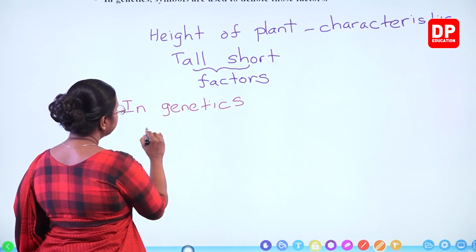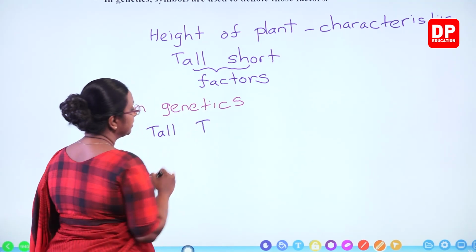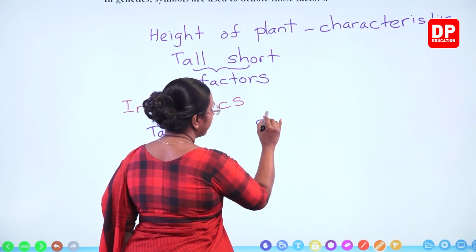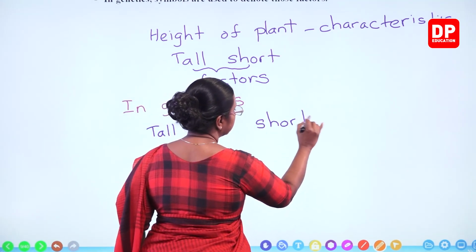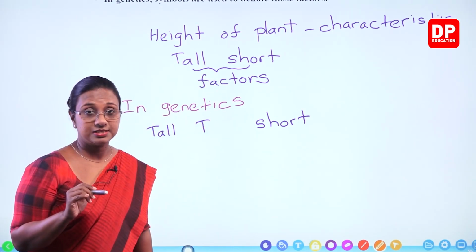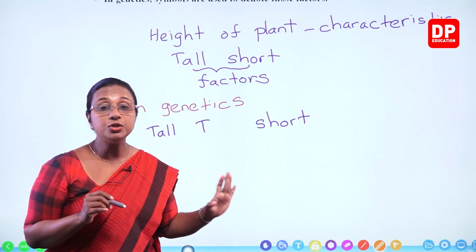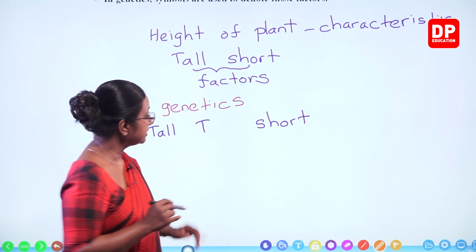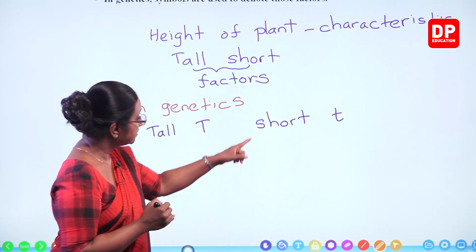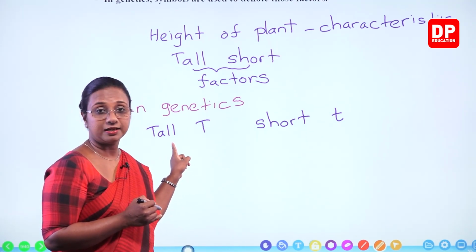So, tall character will be given the symbol capital T. Whereas for the short character, we don't use S. Although the first letter of short is S, we don't use S. Instead, we use simple T. Simple letter of the first letter of dominant character.